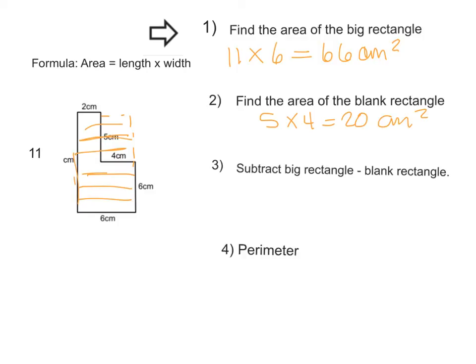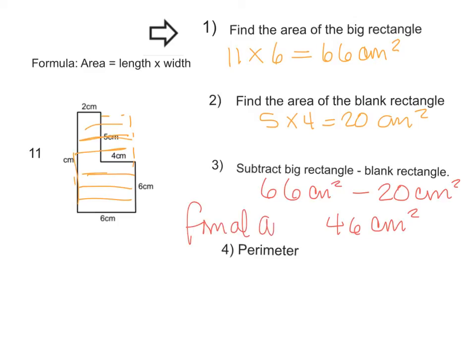I will subtract the big one, 66 centimeters square, minus 20 centimeters square, and I get the final 46 centimeters square.